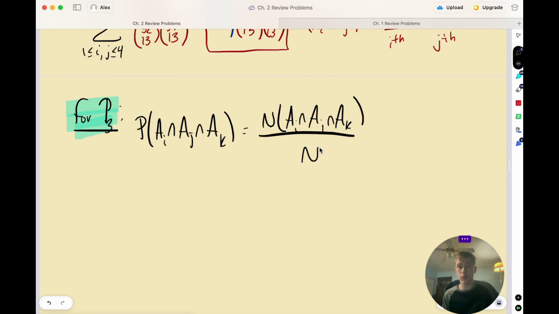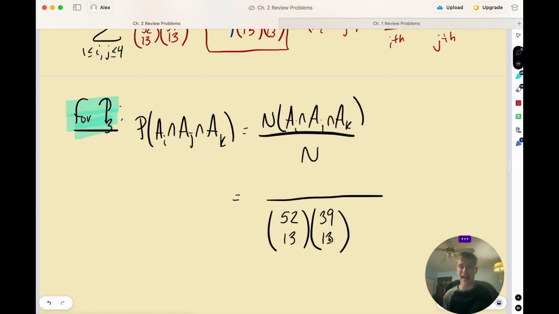Well, the total number of possibilities in a way is kind of forced, because you have the 52 choose 13 for the first suit, and then from the remaining 39 cards, you're choosing 13 of them, and then from the remaining 26 cards, now you're also choosing 13.